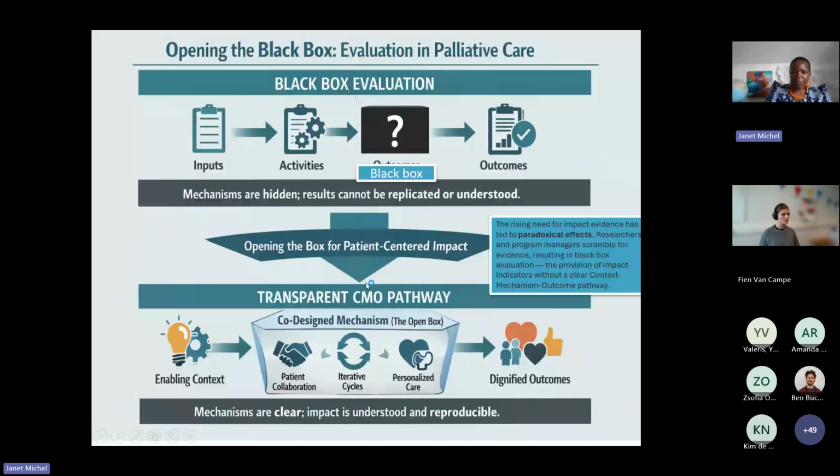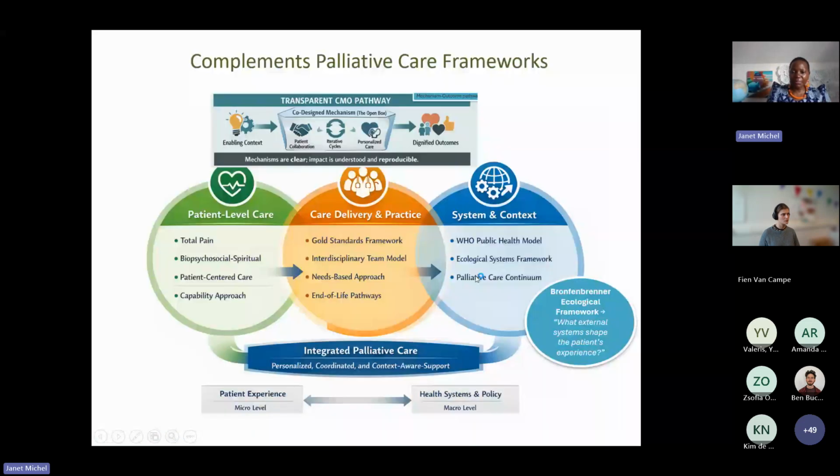If we look at other frameworks that are used in palliative care, like patient-level care frameworks, patient-centered care, or the care delivery and practice frameworks like the Gold Standards Framework, or the system and context frameworks like the WHO public health model or ecological systems framework, we realize that this impact framework is compatible with that.